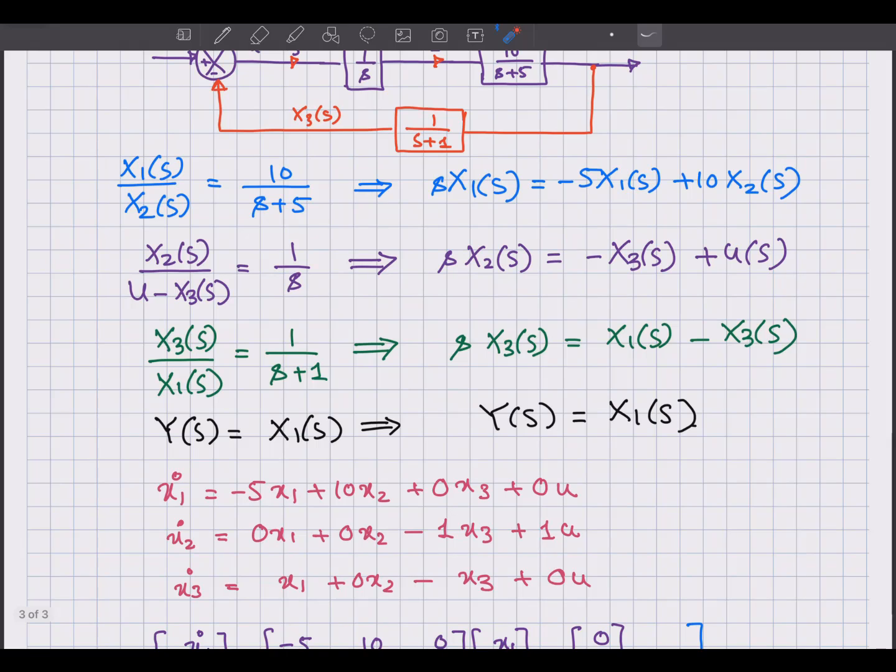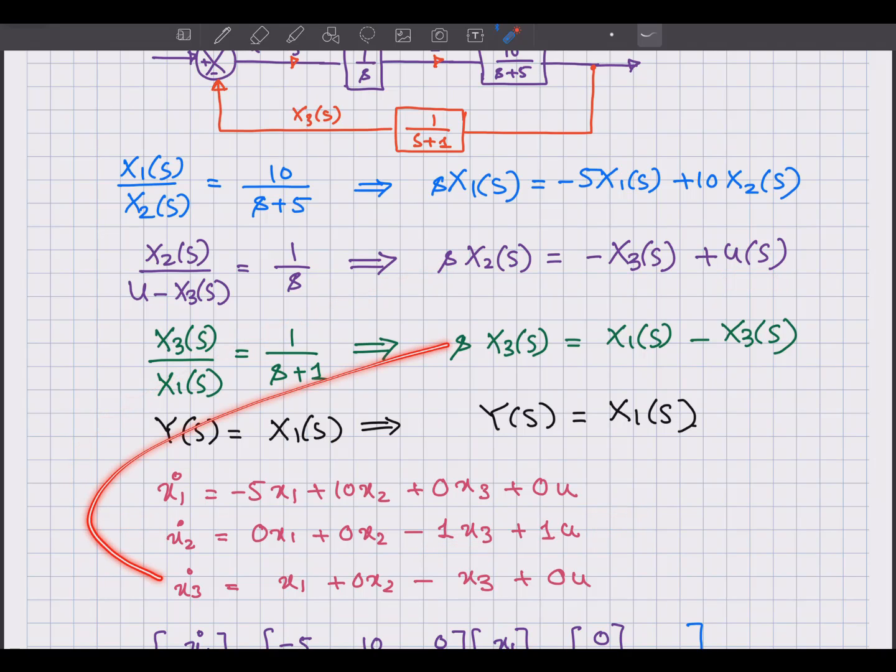Now from these 3 equations, we can write that x1 dot is equal to minus 5x1 plus 10x2, and x3 is not present in this one, so it is 0, and no input is linked, so 0 in u. And now taking this equation, x2 dot is 0x1 plus 0x2 minus x3, and the input is linked directly.